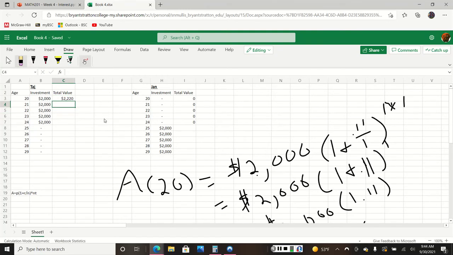So the next thing we're going to do, we're going to get rid of that, and we're just going to put the age 21 because she's investing again. And the principal is whatever the previous value was. So that's $2,220.